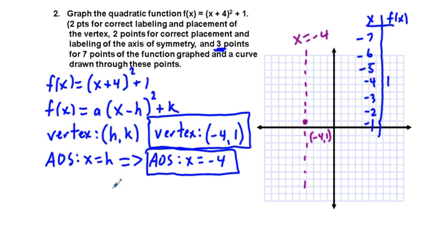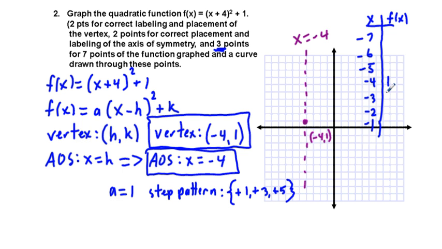Then we have our step pattern. We know that a in this case is equal to 1. So our step pattern for this parabola is +1, +3, +5. That comes from our standard parabola.